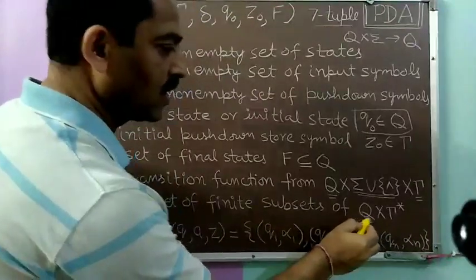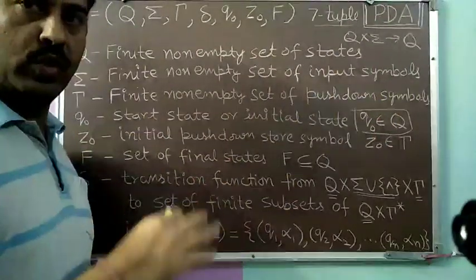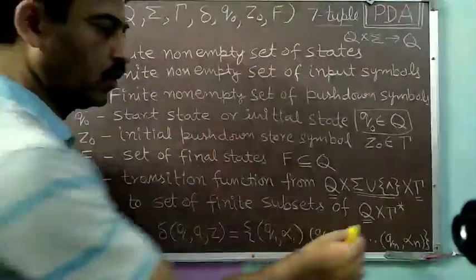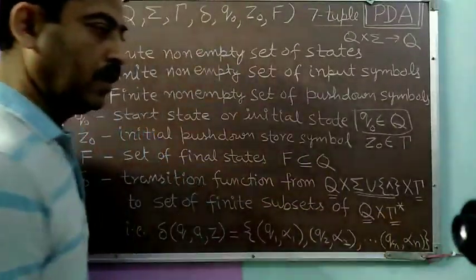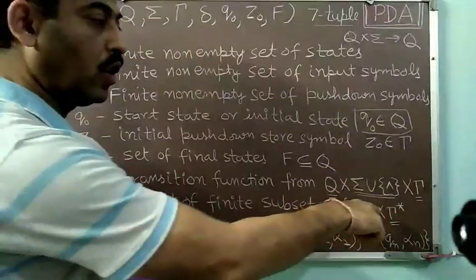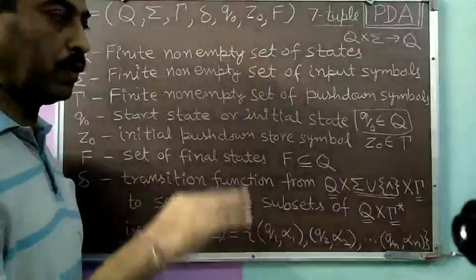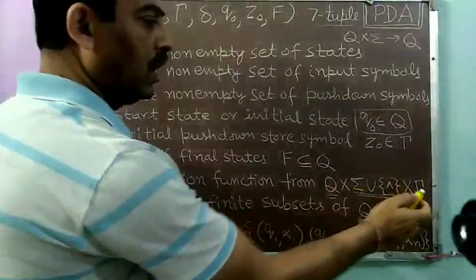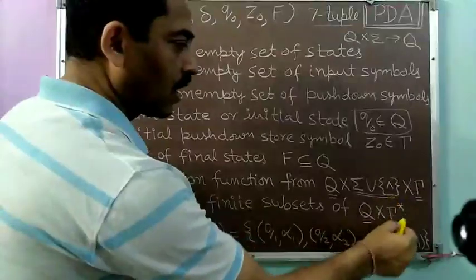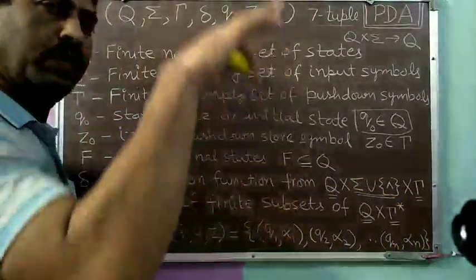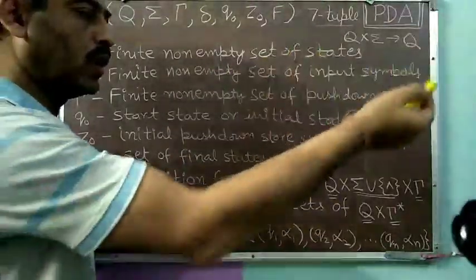The first output will be a state, meaning we will come to know what next state we should go to. So we may change the state. It will tell us the next state. Then rho star is a string of push down store symbols only. So there will be a string which it will output. Basically, we will take the topmost push down store symbol, consume it, and then write a string of push down store symbols over the push down store. So we will push certain symbols over the push down store.